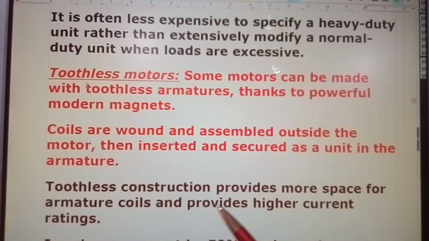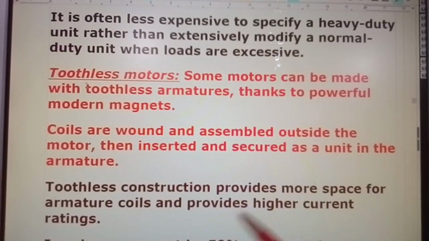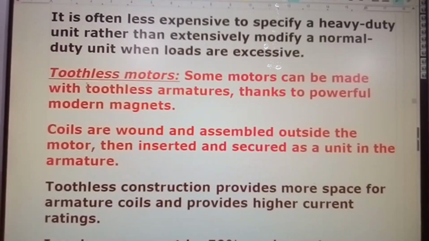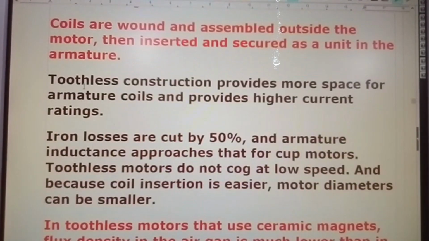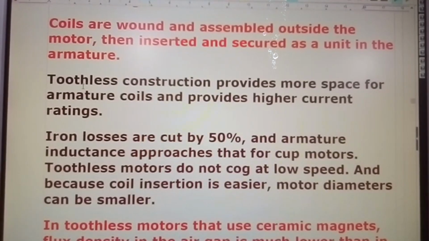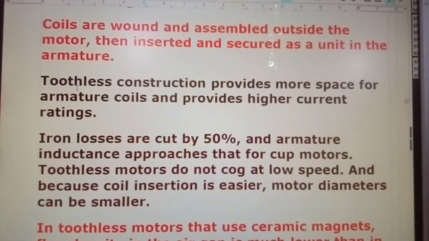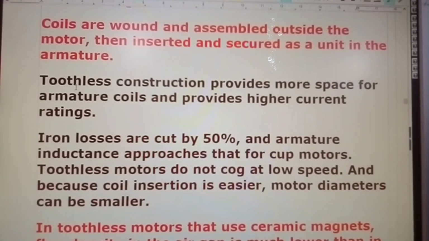Toothless construction provides more space for armature coils and provides higher current ratings. Iron losses are cut by 50% and armature inductance approaches that for cup motors. Toothless motors do not cog at low speed, and because coil insertion is easier, motor diameters can be smaller.